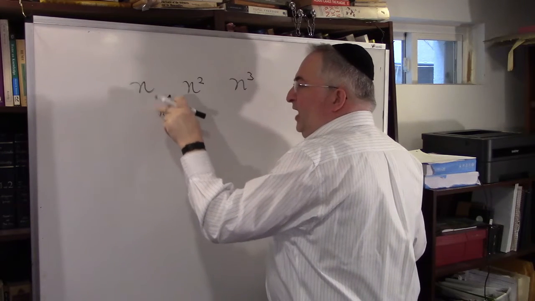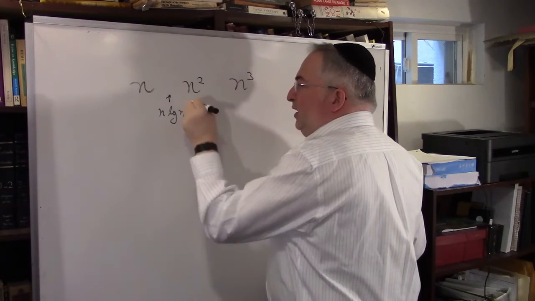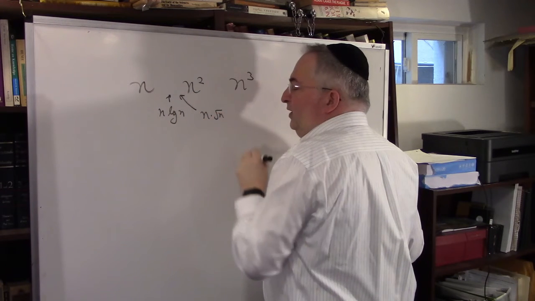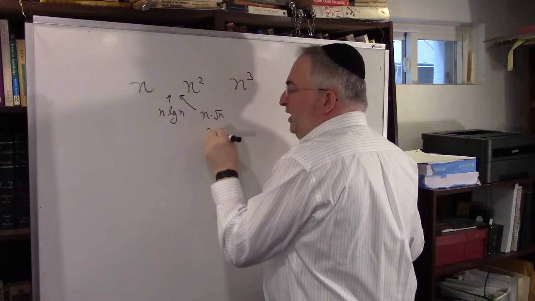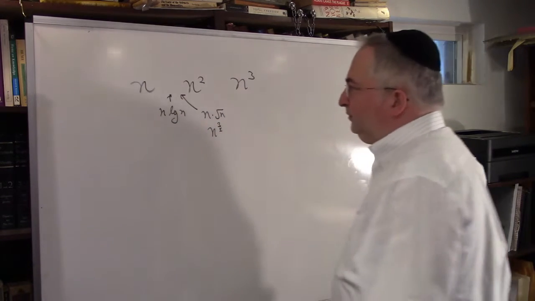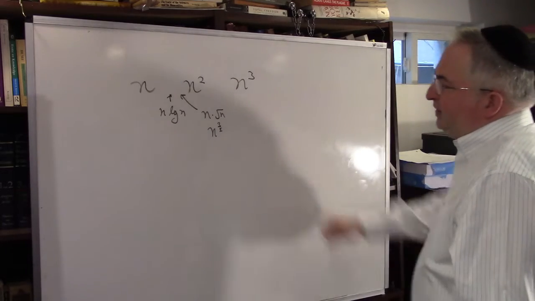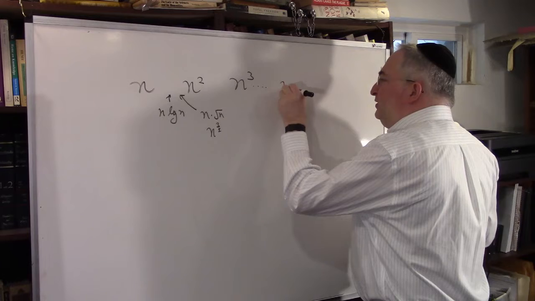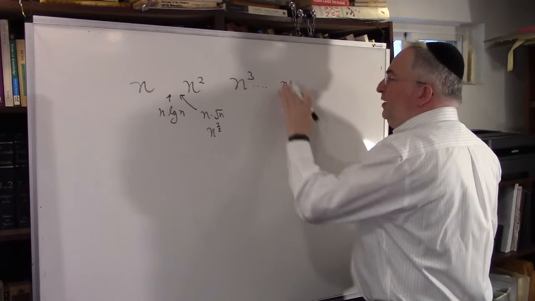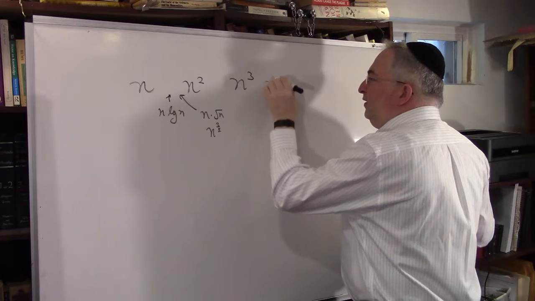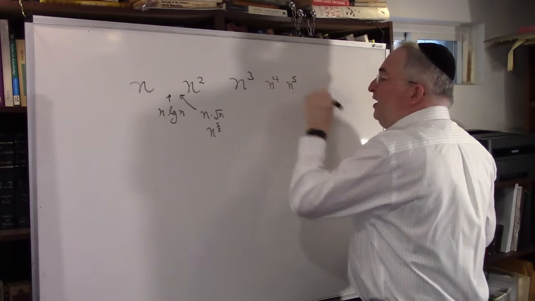So it's not n. What else is in there? n times square root of n, which is n to the 3 over 2, or n to the 4 over 2 if you want. And this goes on until you have n to the 4th, n to the 5th.